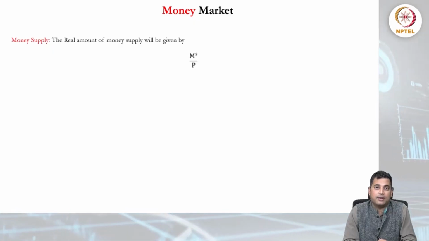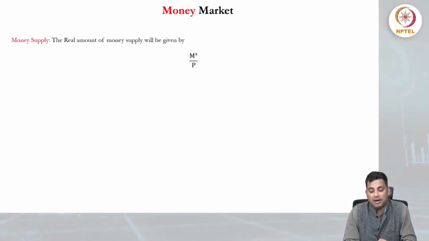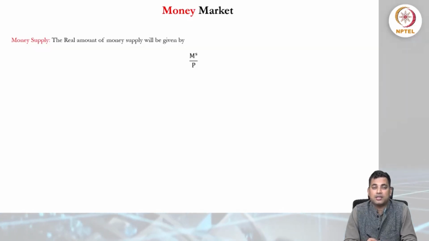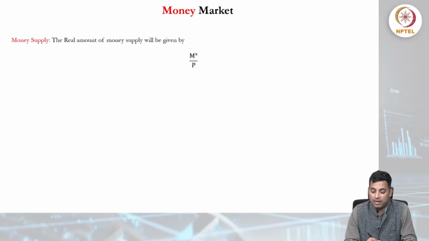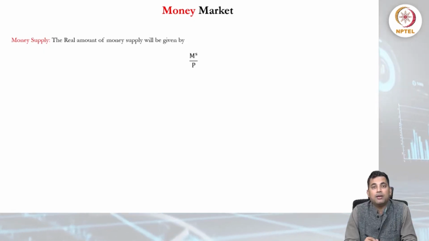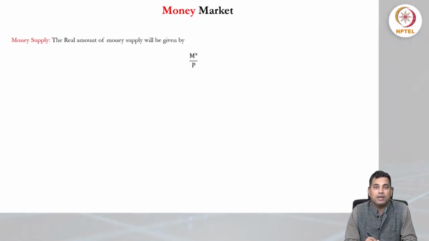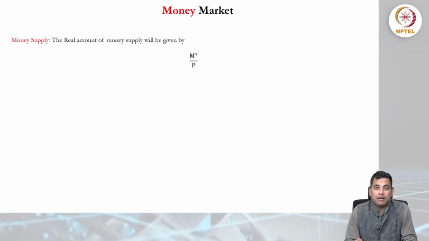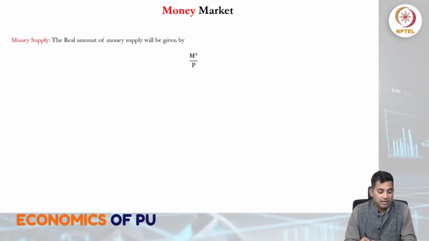And in case of India, for instance, the central bank is RBI. So MS is the total money supply which will be injected by the RBI in case of India. So when we are talking about real money supply, it is reflected by the money supply divided by the general price level.